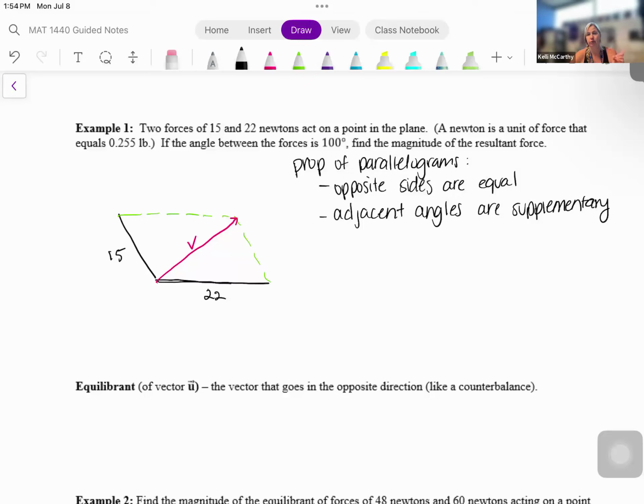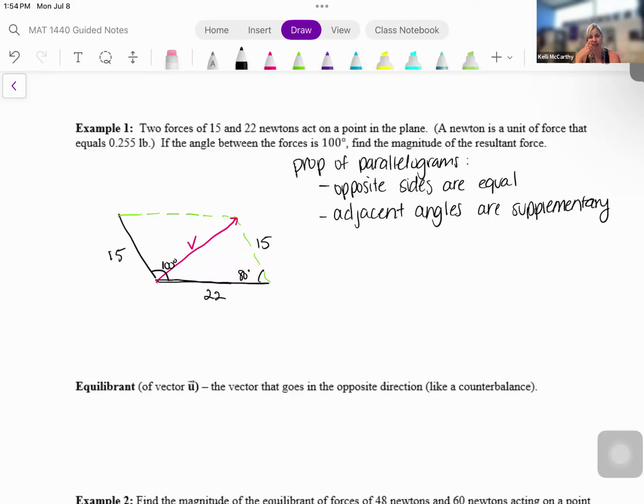And just a quick reminder that supplementary angles are two angles that sum to 180 degrees. So we know that the angle between our two forces is 100 degrees, which tells me that the angle in the lower right-hand corner of our parallelogram is going to be 80 degrees so that they are supplementary.